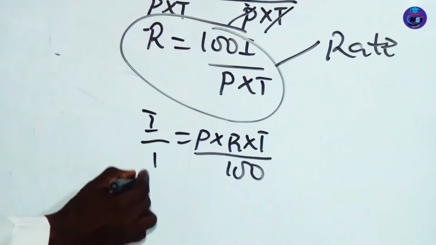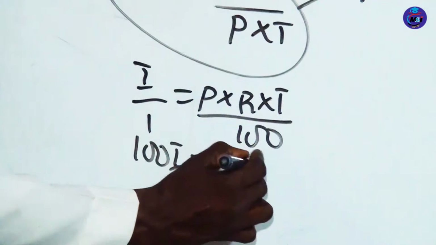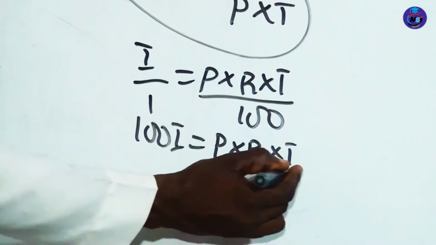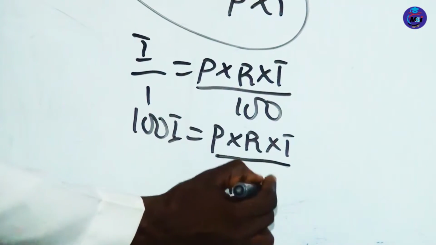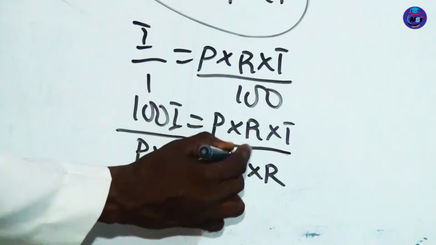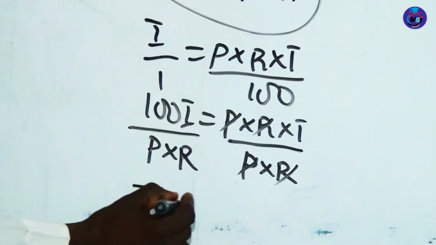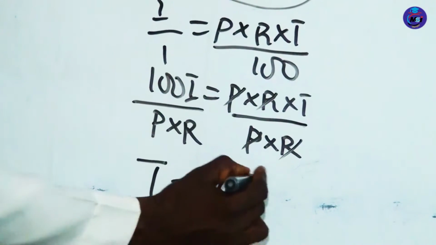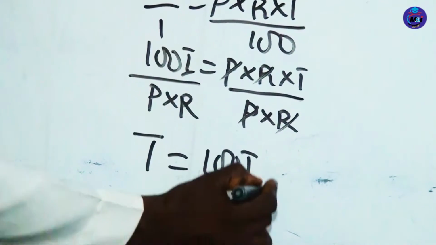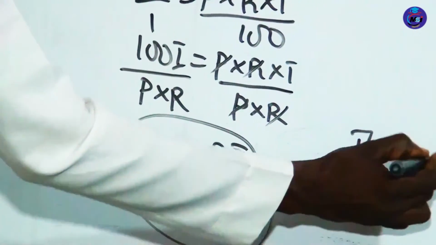You cross multiply, we have 100I equals P times R times T. You are looking for T, so you divide both sides by P times R. P cancels P, R cancels R. So T will be 100I all over P times R. So this is used to find your time.